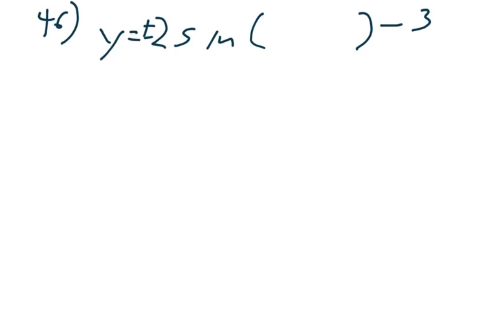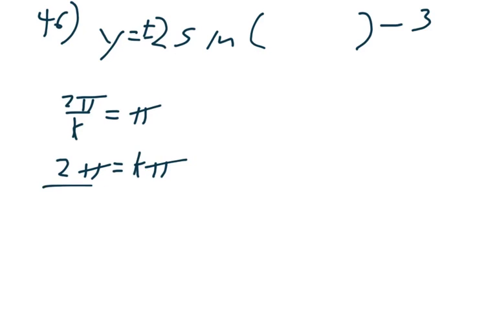For number 46, we have an amplitude of 2, and this is a sine function. So 2 plus or minus 2, sine, stuff in the middle, vertical shift is down 3. 2 pi over k is equal to the period, which in this case is pi. So 2 pi equals k pi. Divide both sides by pi, and k is equal to 2.